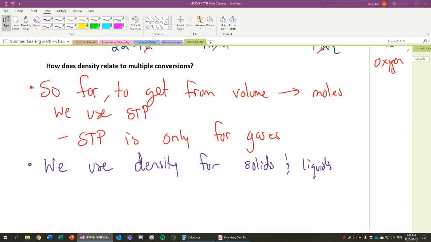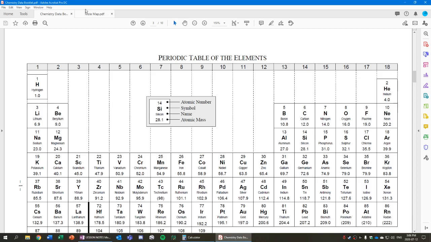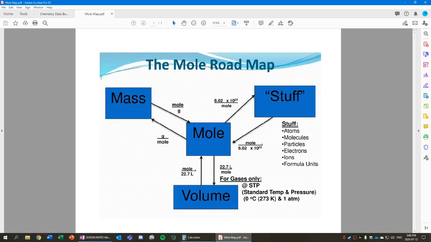Okay, how does that work? Well, density relates volume with mass. So with this conversion table we're talking about, the mole map, density actually sits out here, where once you have some volume of some solid or liquid, you can use density to convert it to mass, then to moles.